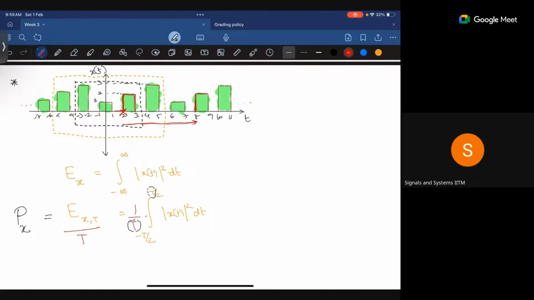Is this periodic? It should be periodic. I guess the period should be 6, no, sir? But when you start from here, it is repeating here. Yeah, it should be 6 only.